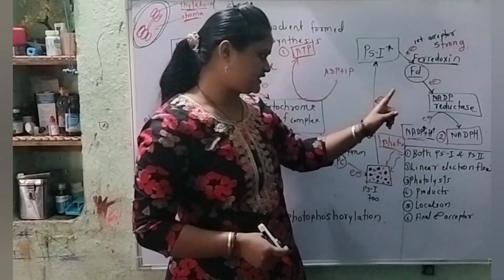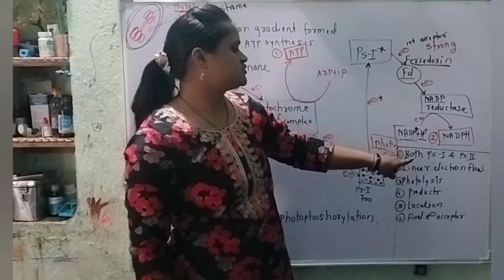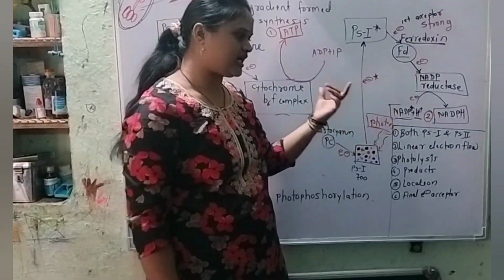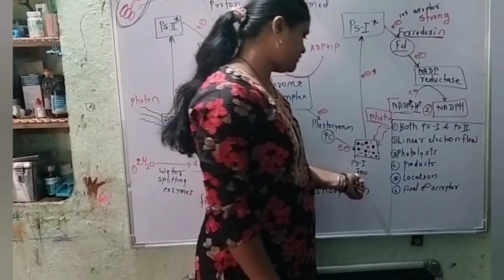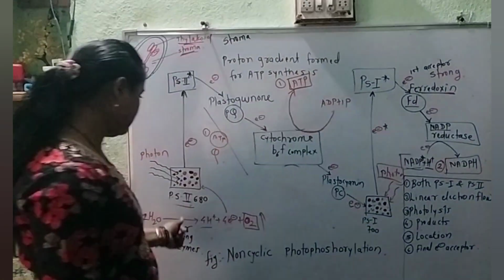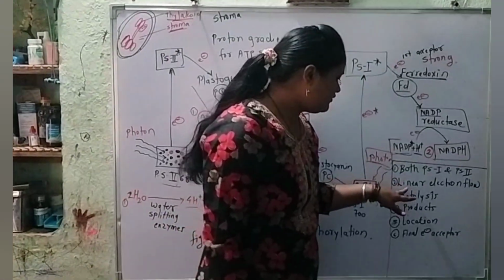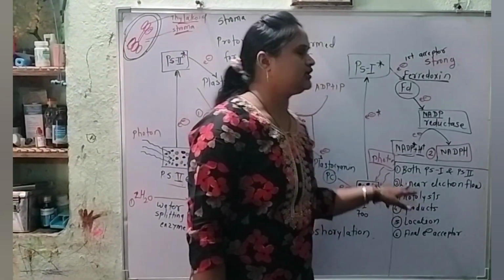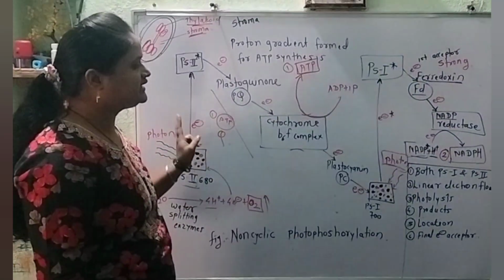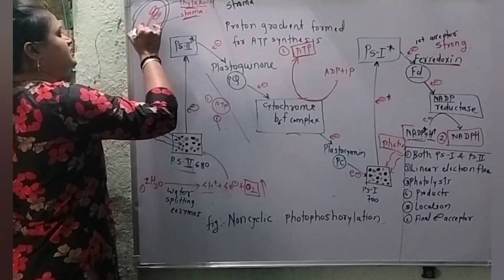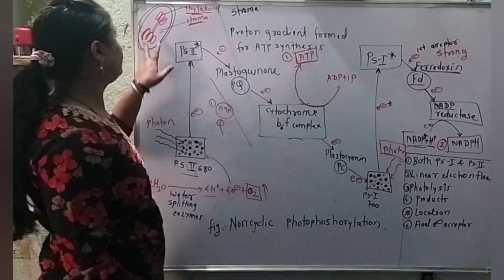All these are questions. Pigment system first and pigment system second are both involved. They are activated at 700 as well as 680 nanometer. This reaction is also known as linear electron flow because these are situated on the thylakoid membrane.